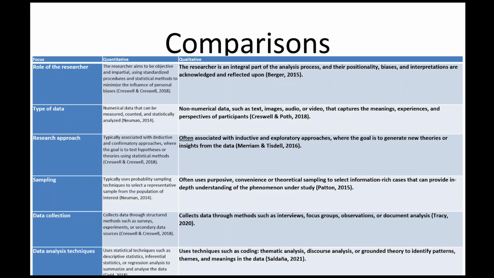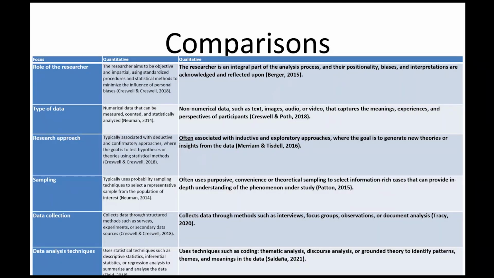qualitative and quantitative. So your role as a researcher, we have talked about it, the biases and the interpretation. We have talked about the type of data. I won't go into that. The research approach, wherein qualitative is often associated with inductive. We have talked about that.